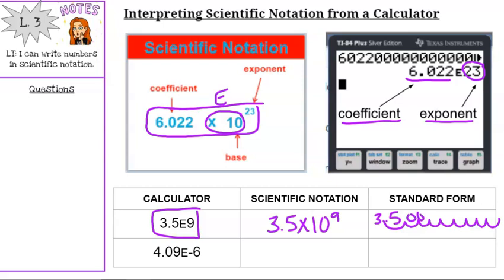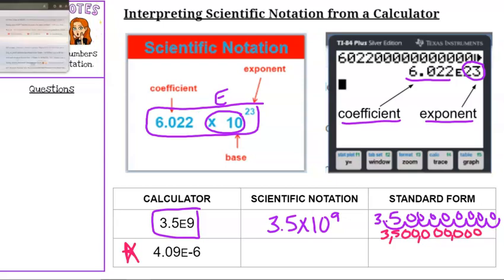Fill all those spaces with zeros. And then if I rewrite it without all those little lines, add in my commas, I know that that is 3,500,000,000. I want you to try the last example on your own, check your work in Edpuzzle, and then you are done with your video notes.